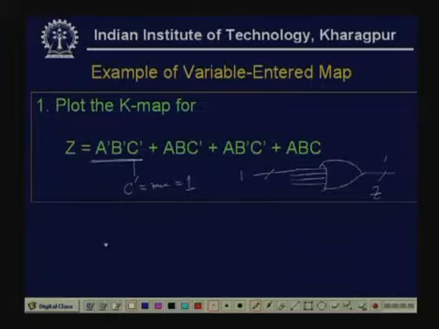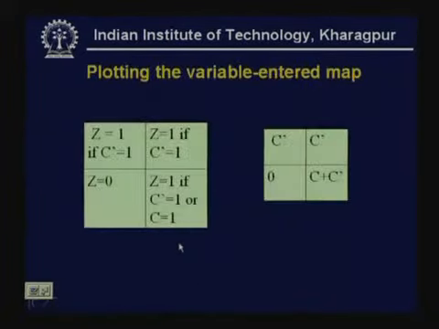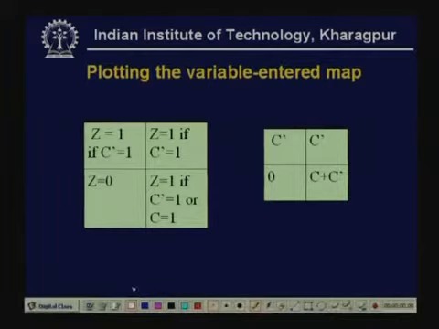So, in this way what we can tell is that this is actually my A dash B dash C dash. So, if I see, this is a 3 variable function, but I am drawing it as if it is a 2 variable map, A B, and I am taking C as my variable.